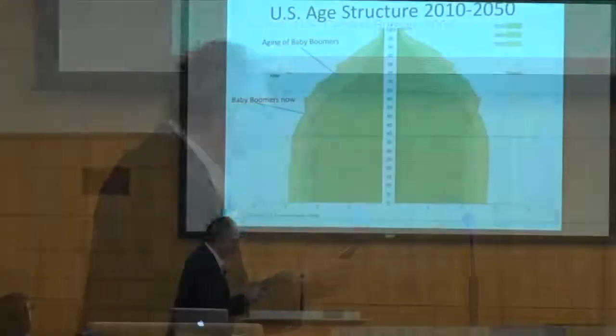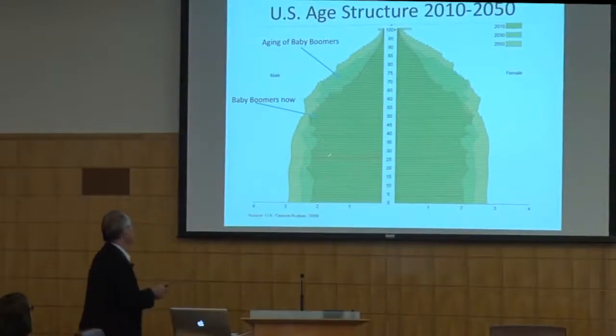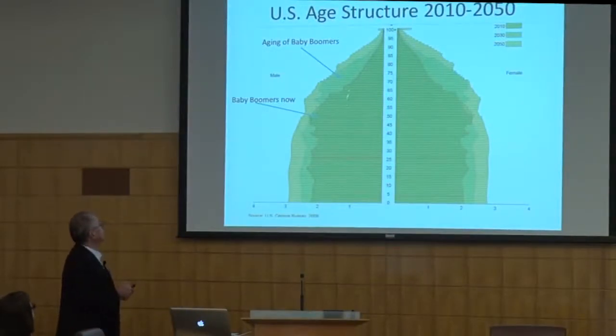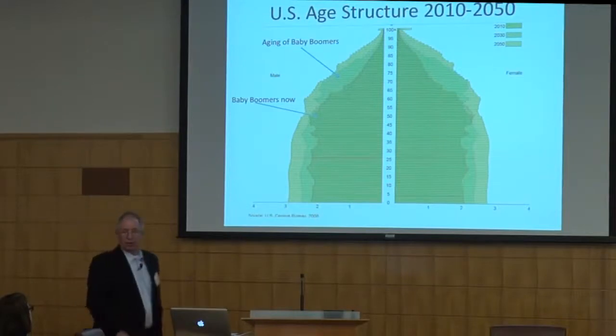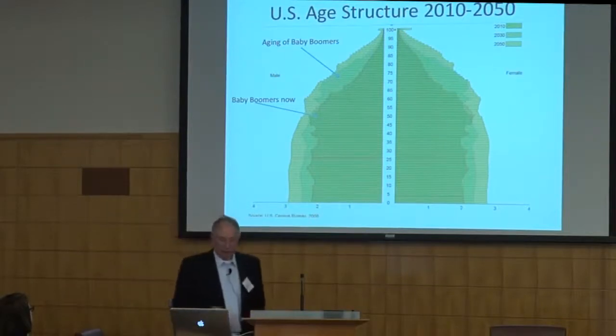But if you look overall, you can see what's going on in the US between 2010. So where we are now is this bulge that you see here of people entering their 50s, and then we see the aging of the boomers reflected up here. That's in our future.